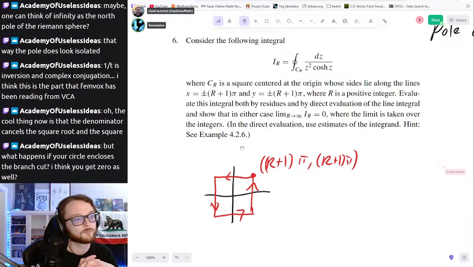Yeah, because cosh is 0 when e to the iz is minus e to the minus iz. I bet it's going to be purely imaginary numbers, because that's going to make it look like cosine. Like it'll be i pi over 2, 3 pi over 2, maybe.